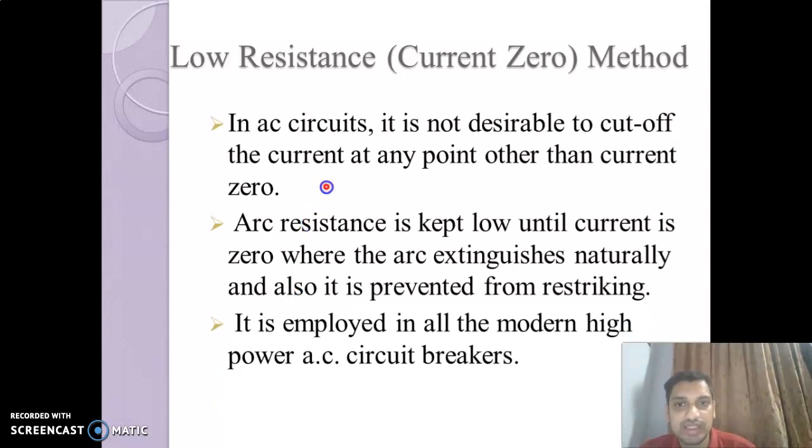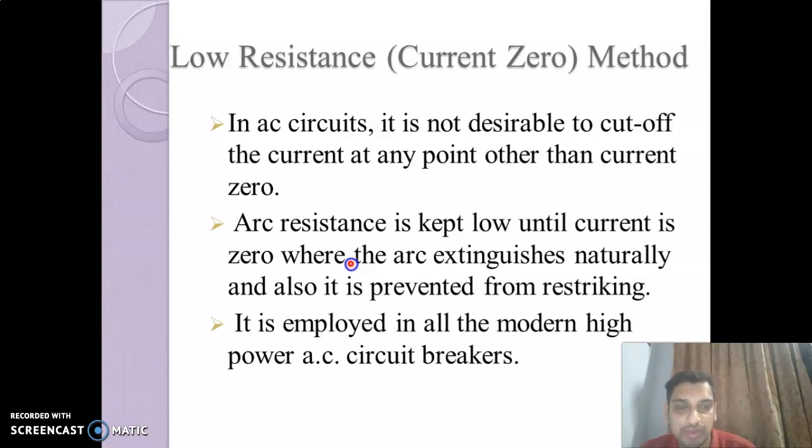In this method, arc resistance is kept low until the current is zero. Because in an AC circuit there is a natural current zero point, since it is a sinusoidal waveform.